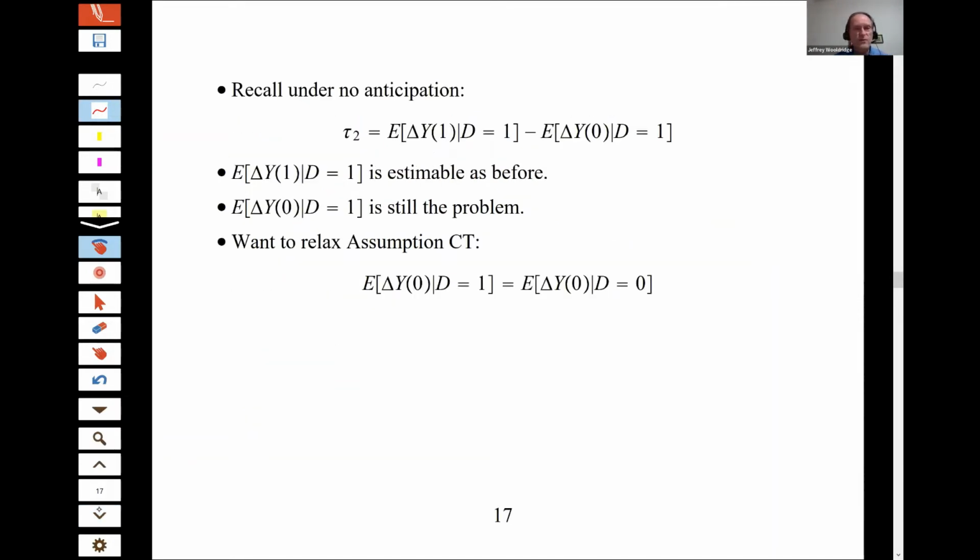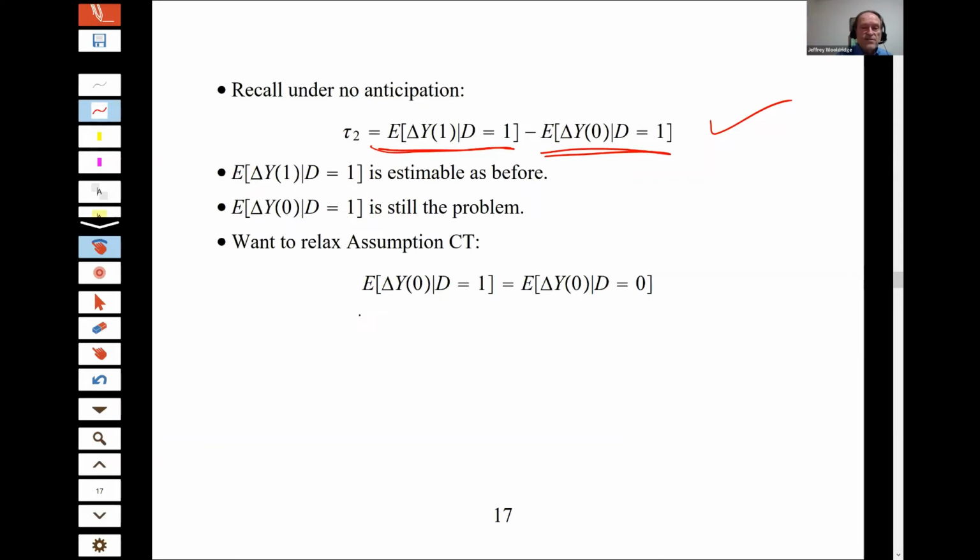Well, here's what we want to do. We want to relax the parallel trends assumption. So this is exactly the same formula that I had before, and this first term is still not a problem. This second term is still the problem.